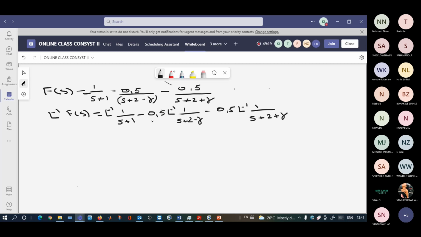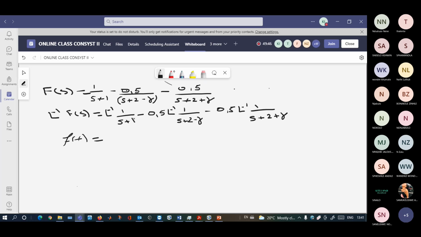This one is a constant, so it's going to be 0.5 times 1 over this one. Then I apply the inverse to this part here and the inverse to the other part. Is it okay now? Yes, it's okay.